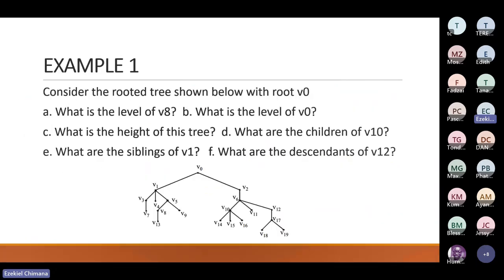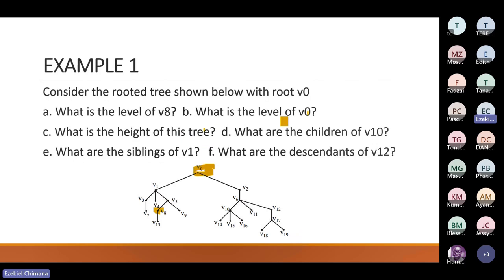So this one is an example, which says consider the rooted tree shown below with the root V0. What is the level of V8? You are being asked to find the level of V8, and where is V8? V0, V1, V3, V8, oh, it's here. You are asked to find the level of V8 and also the level of V0, and what is the height of this tree?